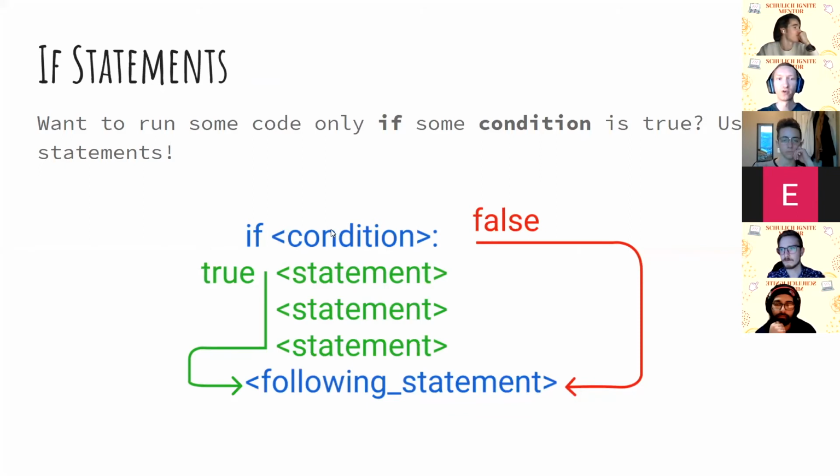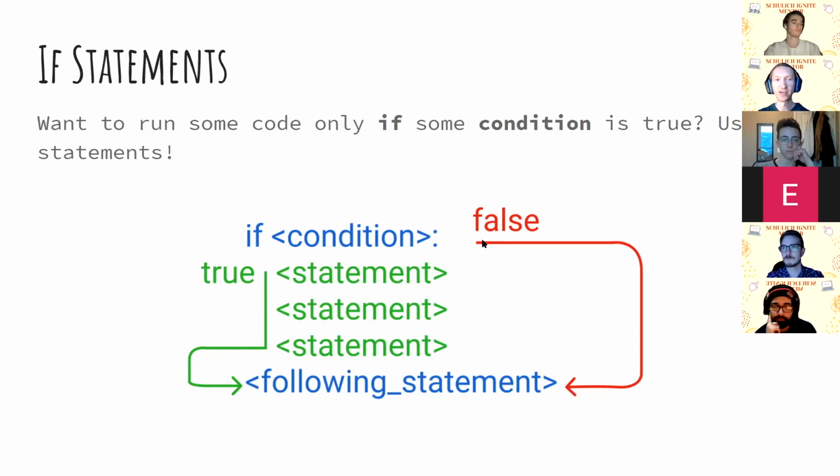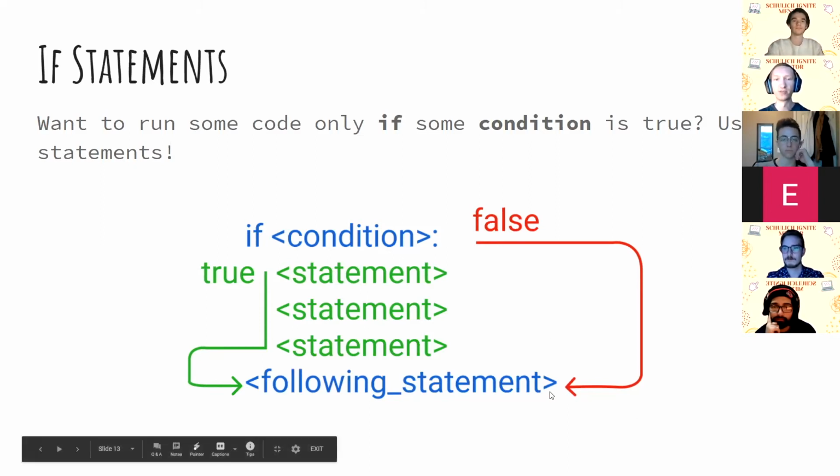Only if our condition is true will these statements afterwards be run. In the true case, it will go through each of these statements, and then keep running whatever follows after that if statement. In the false case, it's not going to run the statements inside. It's going to skip over all of them and continue with whatever we have after our if statement.